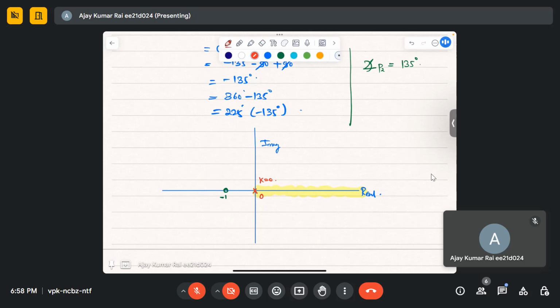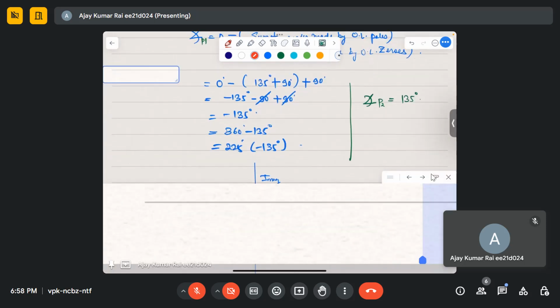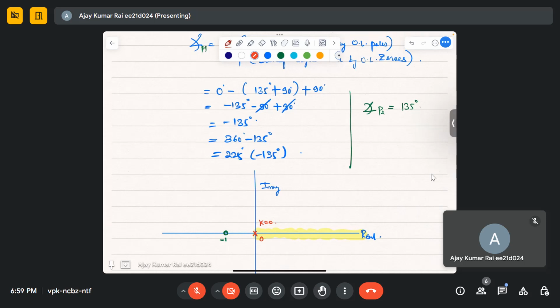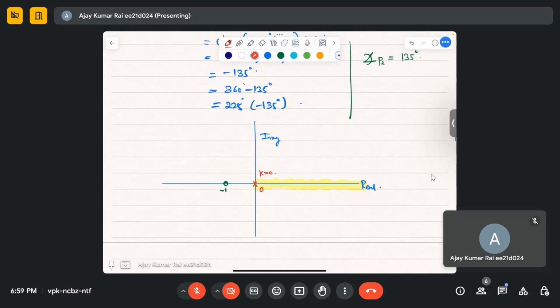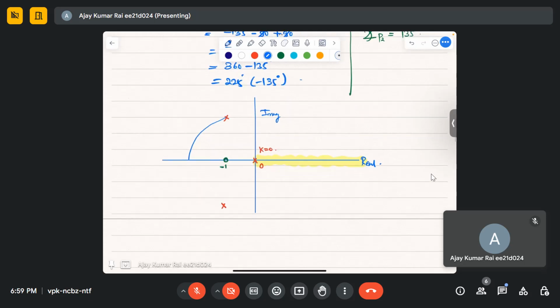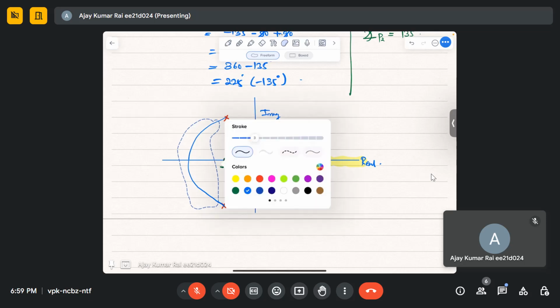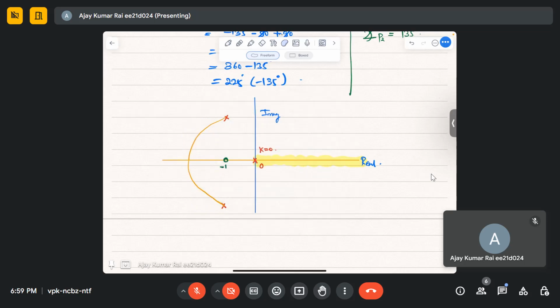Let me say this point is the breakaway point.